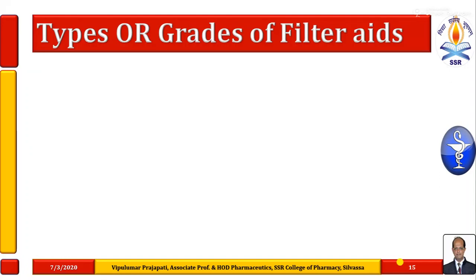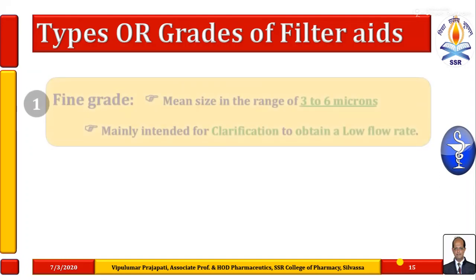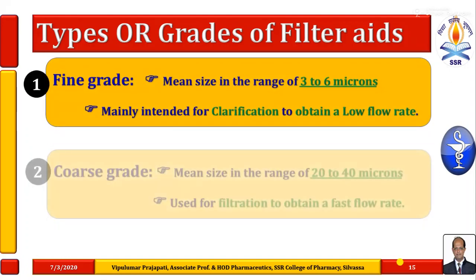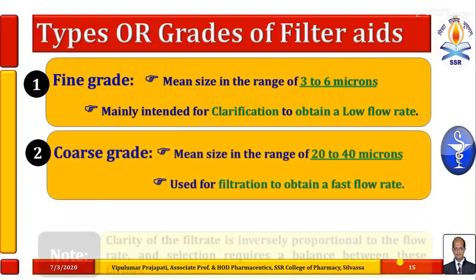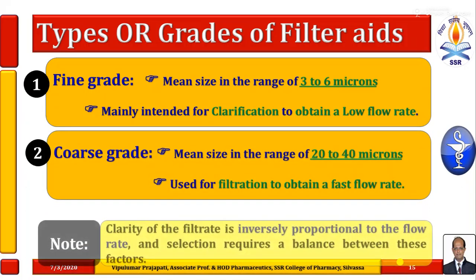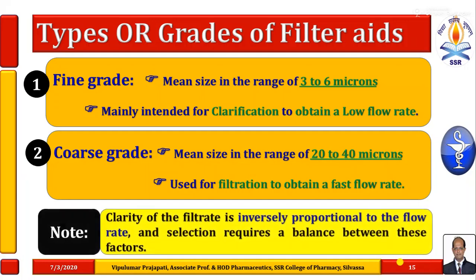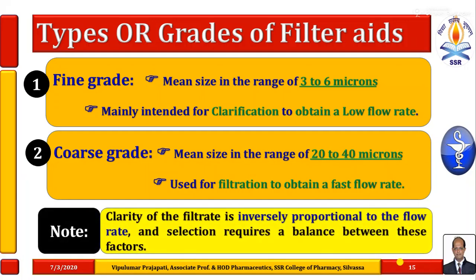What are the types or grades of filter aids? First one, fine grade, mean size in the range of 3 to 6 microns. The fine grade filter aids are mainly intended for clarification purposes to obtain a low flow rate.